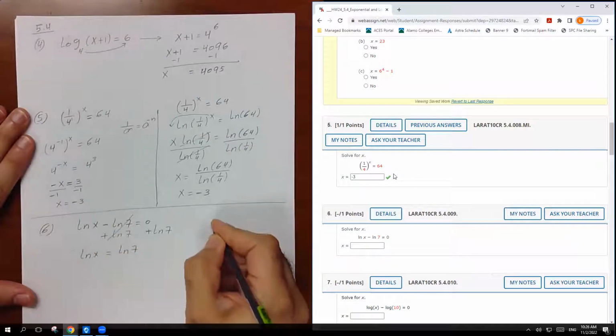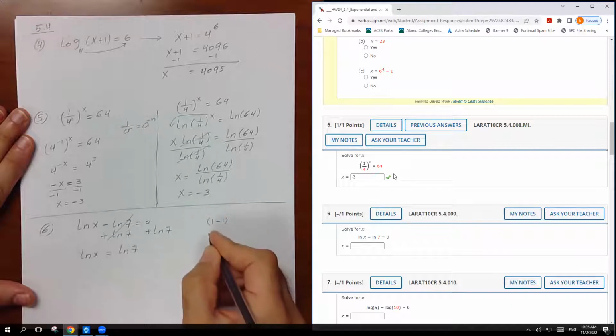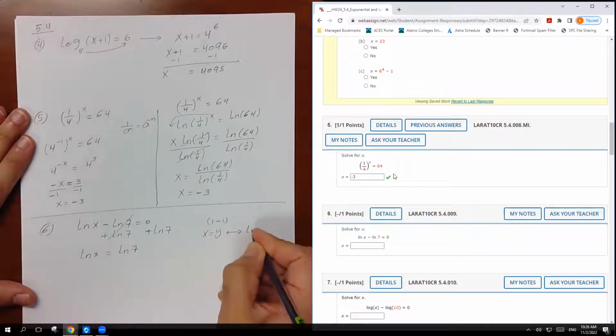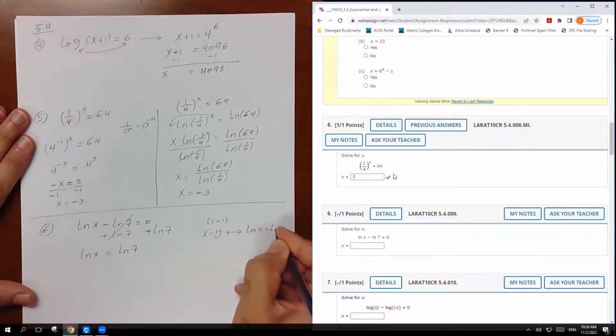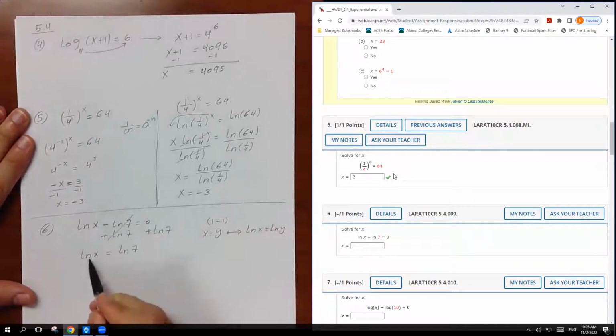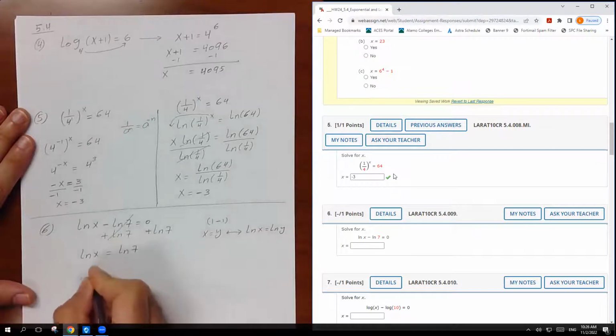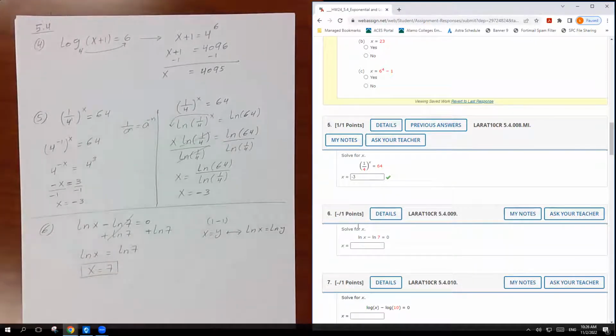Now by using the one-to-one property, if ln x equals ln y, I have ln x equals ln 7, which is the y. That means x equals y. So x is going to be equal to 7. So that's it for this example. We're just going to plug in 7 here.